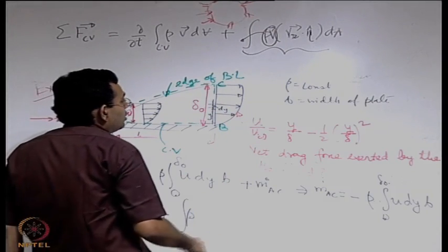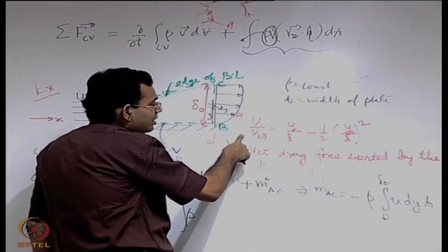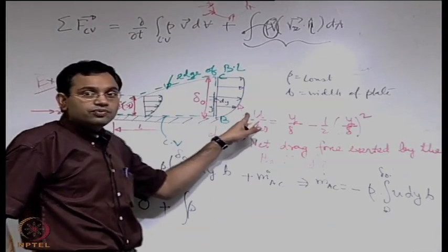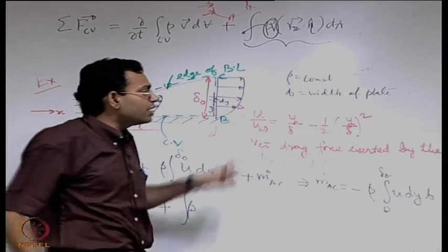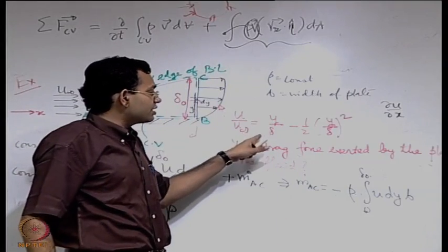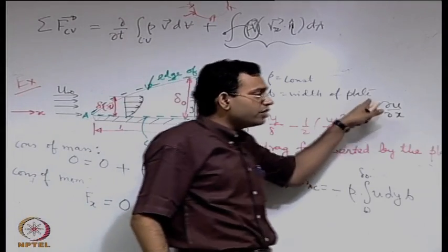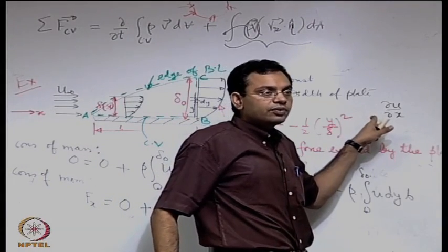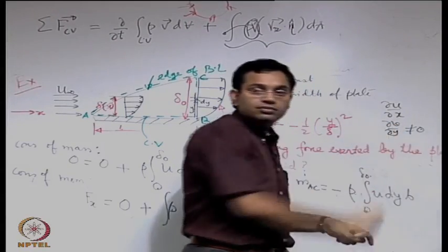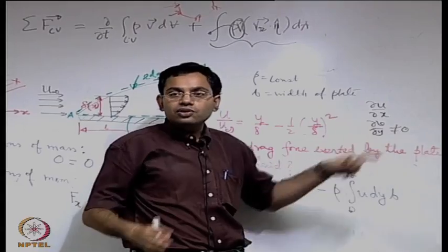So rho, and u is the only important component, because you can clearly see that this delta is a function of x, this delta is varying with x. So if you differentiate u partially with respect to x, you will get that as not equal to 0, because it appears not to be a function of x, but implicitly it is a function of x because delta is a function of x. This being not equal to 0, by the continuity equation for incompressible flow the other term is also not equal to 0, and because v is 0 at y equal to 0 and its gradient is not equal to 0, you do have a v.